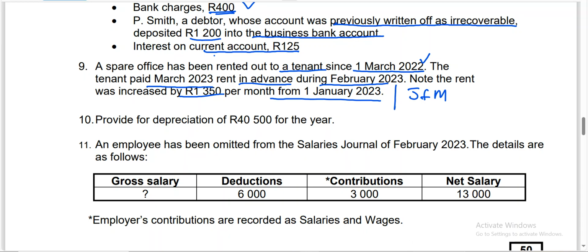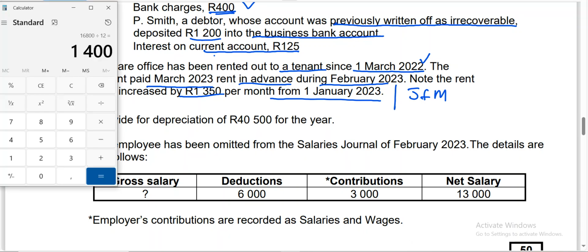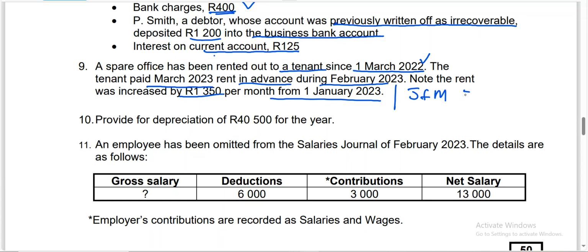So we're going to say 1,350 multiplied by 3, which gives us 4,050. So the increase is 4,050. Now if we take that 179,550 and subtract 4,050 and then divide by 13, it will tell us how much they were paying before the increase.